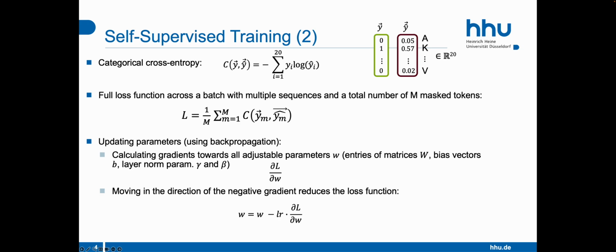We update each parameter by moving a little bit in the direction of the negative gradient of the loss function with respect to this parameter. How much we move in the direction of the negative gradient is defined by the learning rate, denoted here by LR. After doing this for all parameters, we will process the next batch in the training process and again update all learnable parameters following this procedure. And this is done over and over again.